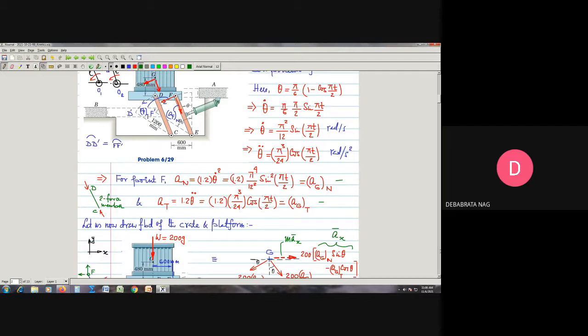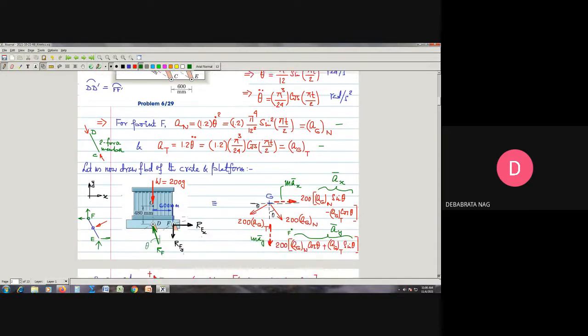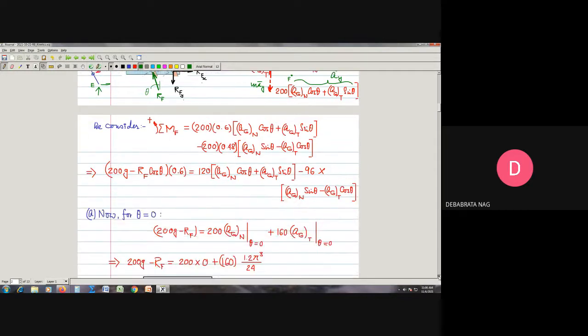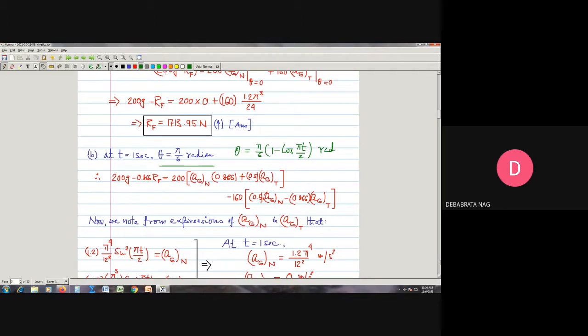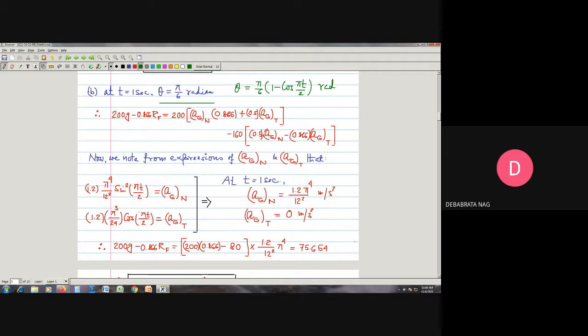That means at T equal to 1 second, AT will be 0 and there will be some amount of AN. So we find here that AGN turns out to be 1.2 into pi to the power 4 by 12 square meter per second square, and AGT, that means the tangential component of the acceleration of the center of mass, turns out to be 0.